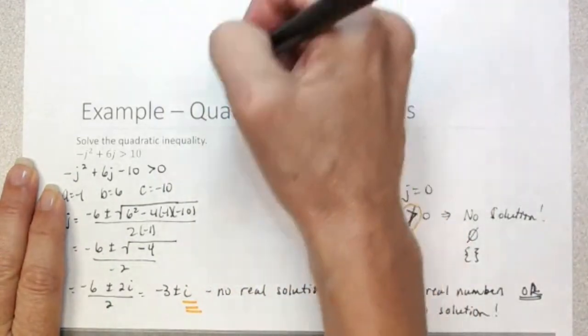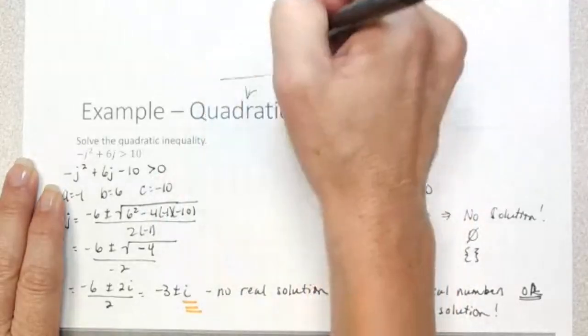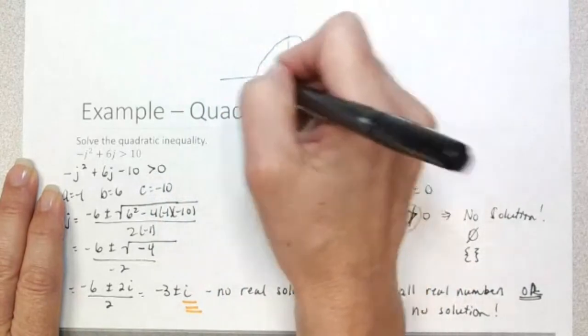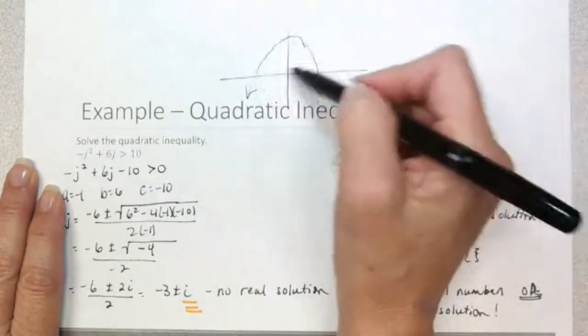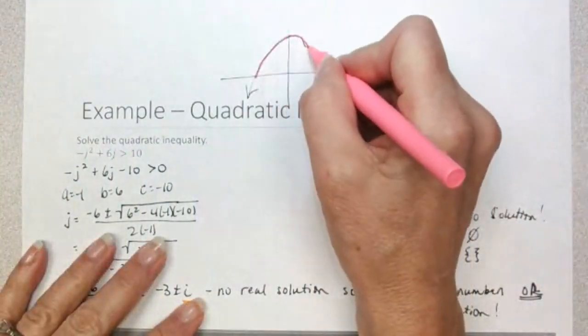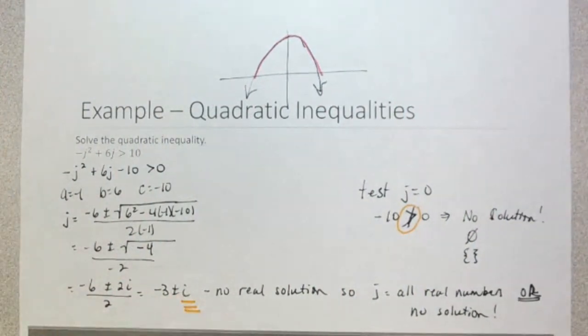No matter how high up I put that parabola, the ends are eventually going to get down below the horizontal axis, right? And only this part above here is going to be true. There's always going to be some part of this parabola below the x-axis. All right, this ends the lecture on quadratic inequalities.